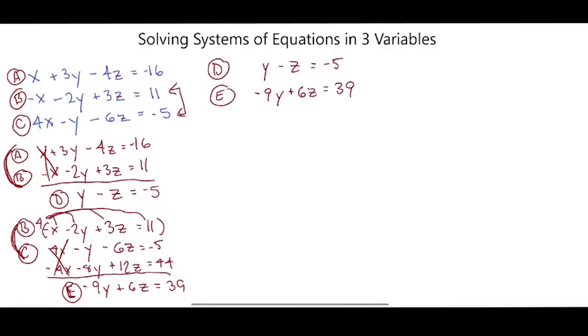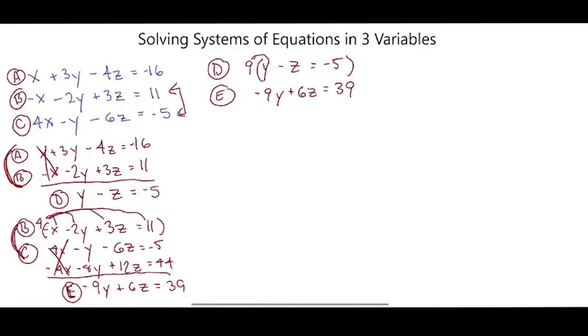All right, so now I want to cancel the y. I'll notice that all I have to do to cancel the y is multiply the top by positive 9 so that they will be opposite. Okay, so I can cancel the y.